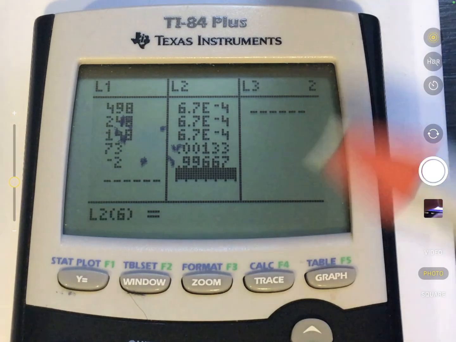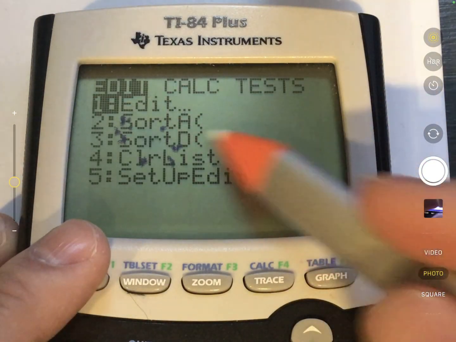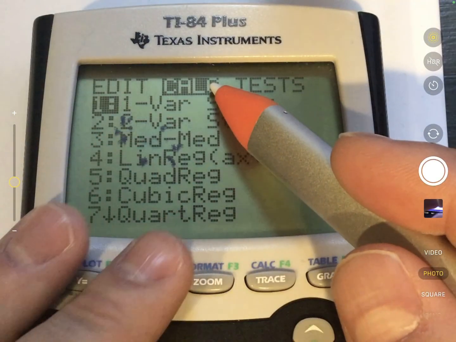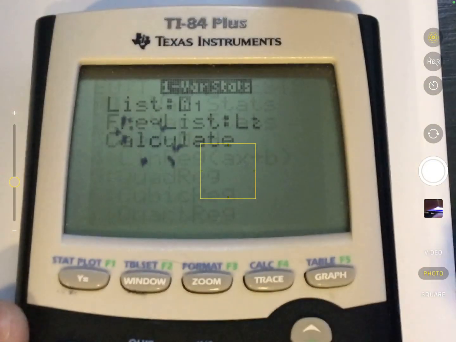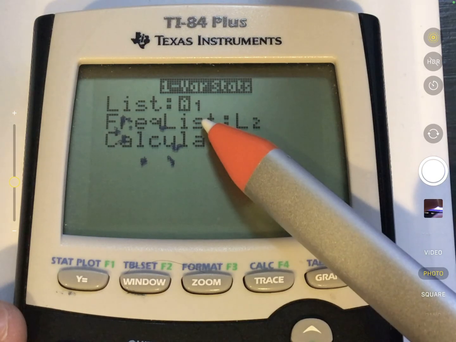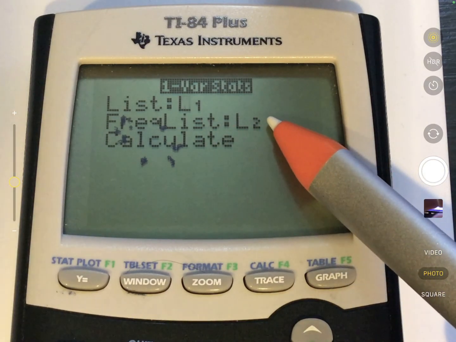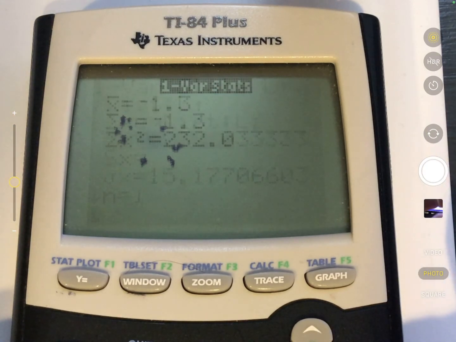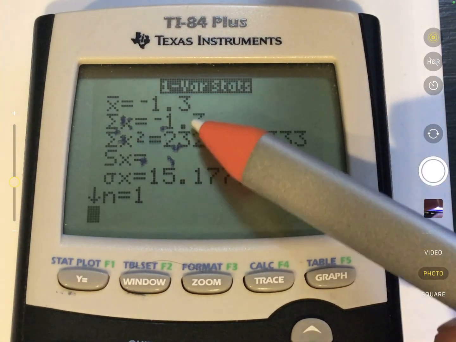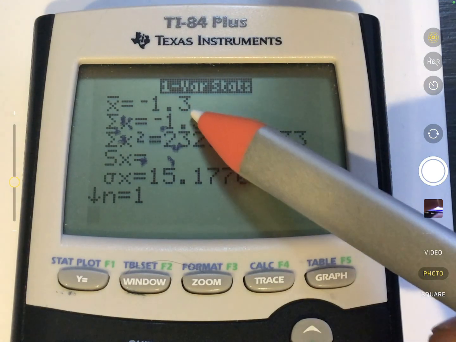All right. Next, we go back to stat. We go over to calculate, and we scroll down to the one variable stats. Don't forget, your list is going to be L1, and the frequency, where all the probabilities are, is going to be L2. Calculate that. So there we go. We have a mean of -1.3.